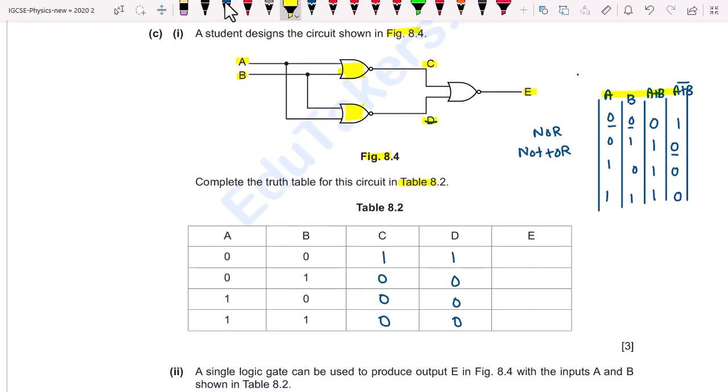It means that when the inputs are 1 and 1, the output will be equal to 0, that is E. So I write here 0. For 0, 0, the output is 1, so all combinations will be equal to 1. So this is the truth table for this circuit.